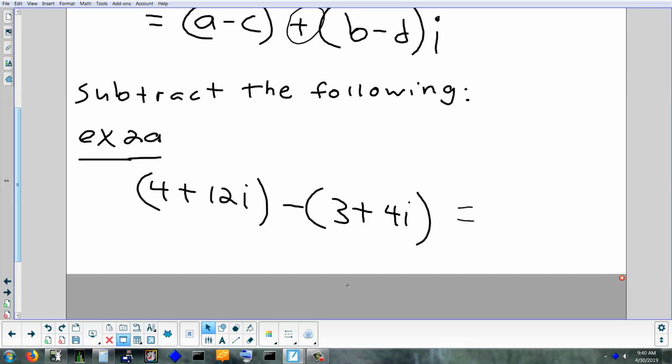So what's the real part in the first complex number? 4. And what's the real part in the second thing that's in parentheses? 3. And now you're subtracting the 3. Yeah, 1. Yep.